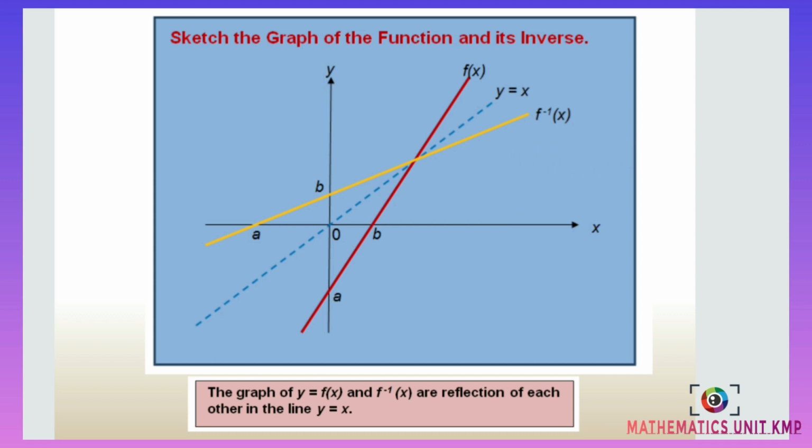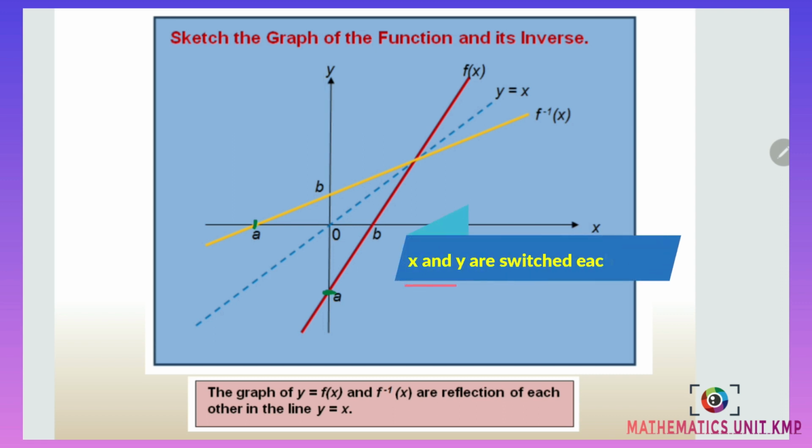Therefore, when the function f intercepts the y-axis at A, the reflection is at the x-axis at A. The coordinate (0, A) switches to (A, 0).